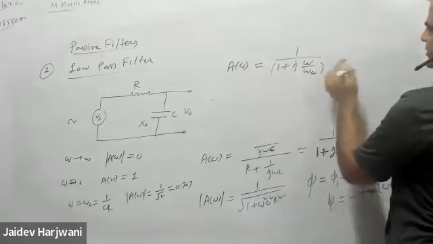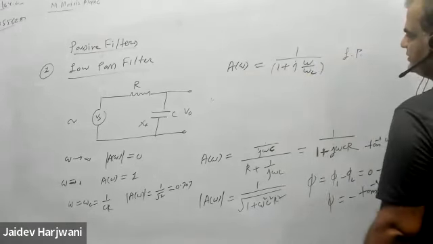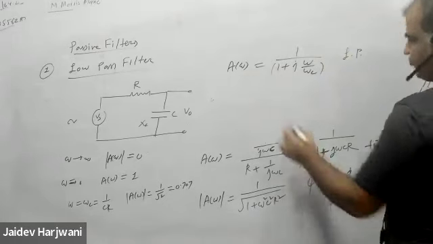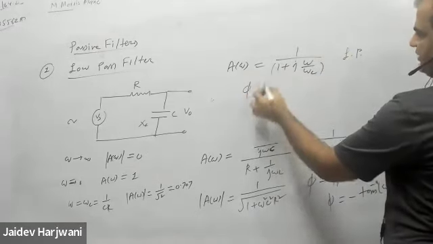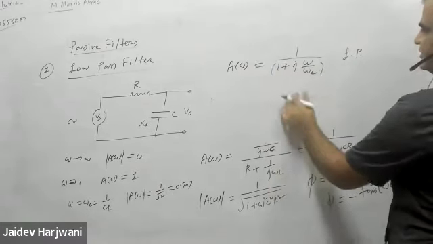This is a low pass. And of course, you know the magnitude and the phi for this number.